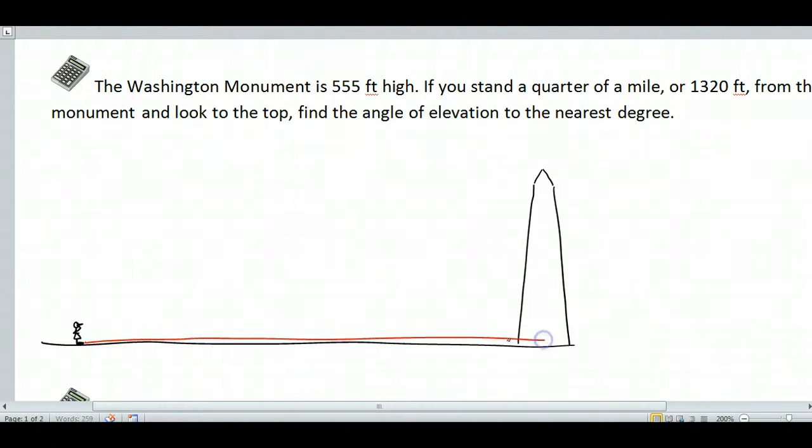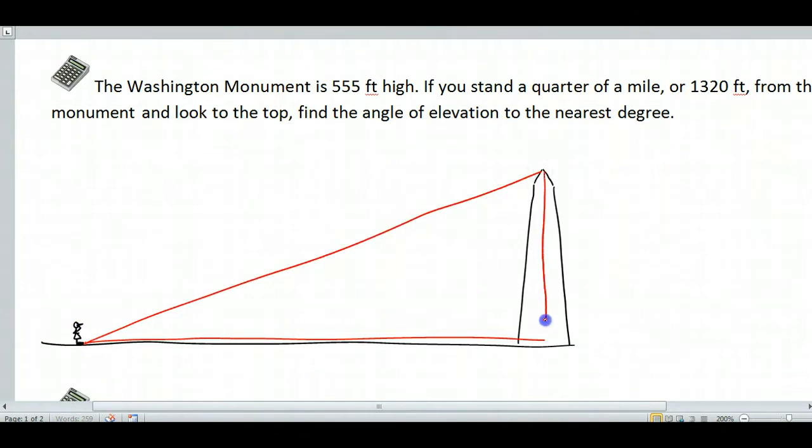Let's say you're measuring with your feet. Oops, missed the top here. So you have to look at the top and just go there. And here we go. So here's the right triangle. Now, careful.